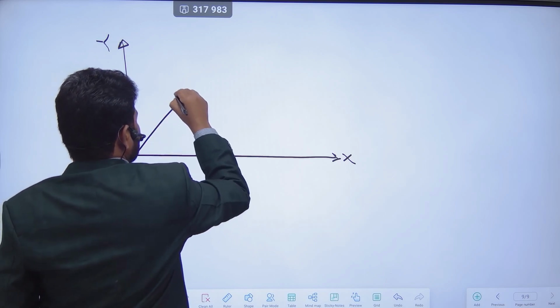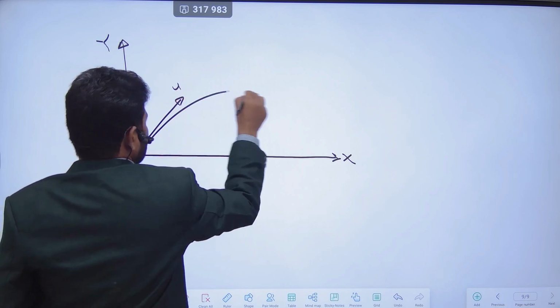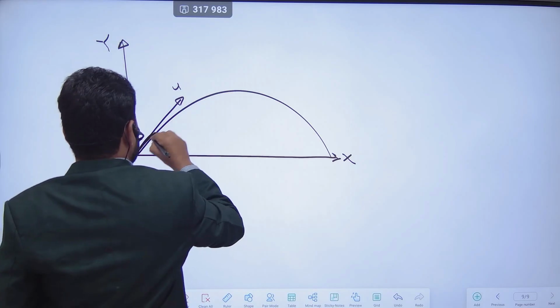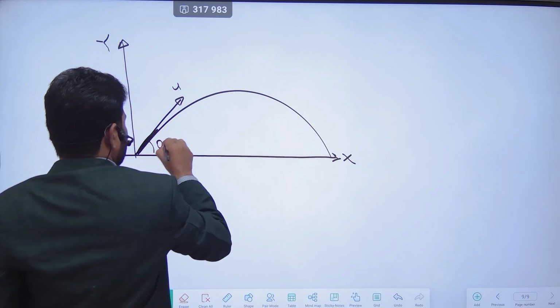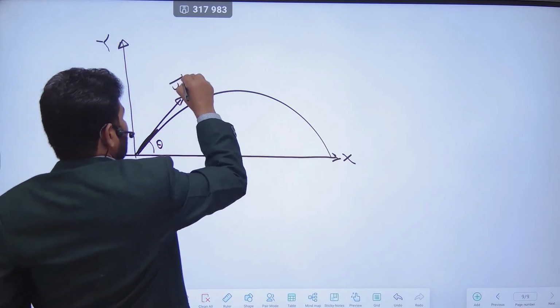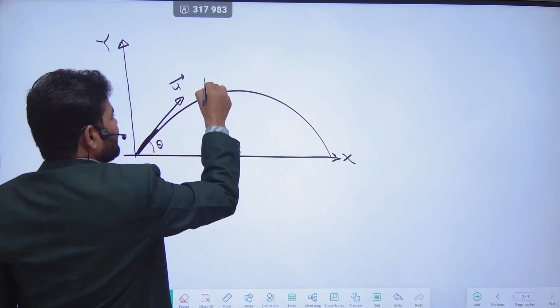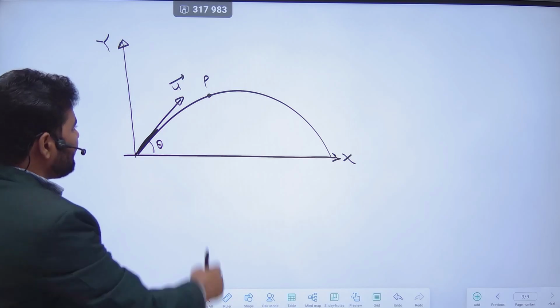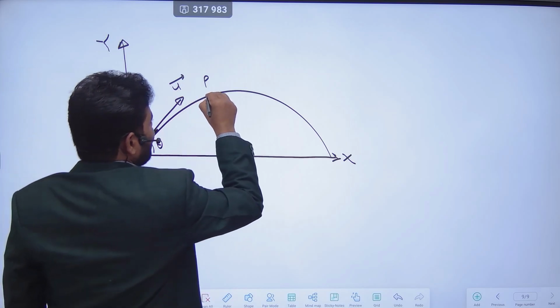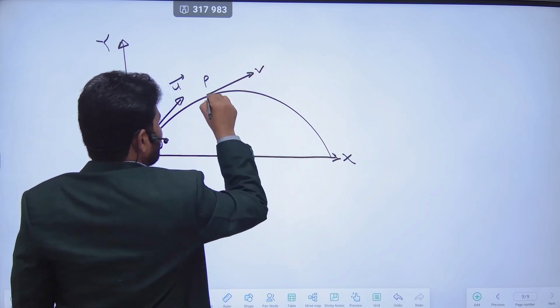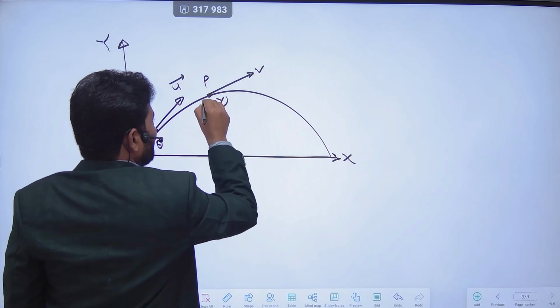If the projectile is launched at an angle of theta with initial velocity u, let's say at any general point the projectile reached a point P, and it has a velocity v, and its coordinates are x comma y.